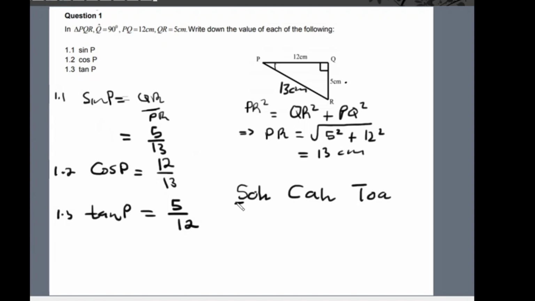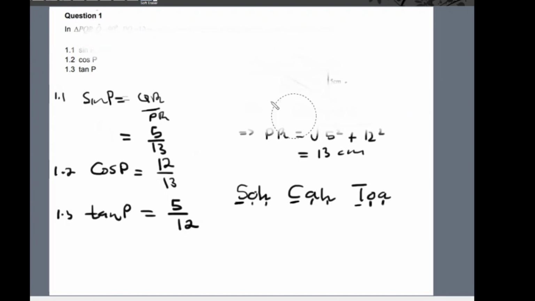So sine, cos, tan. Sine is opposite over hypotenuse. Cos is adjacent over hypotenuse. Tan is opposite over adjacent. So the way you can remember is to use these letters here, SOHCAHTOA, right? And then we go to question 2.